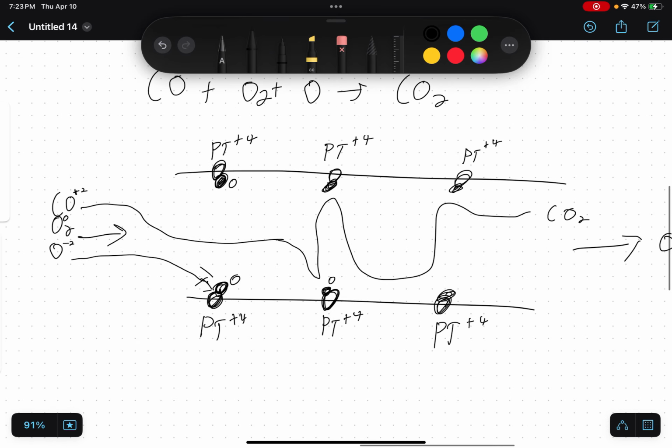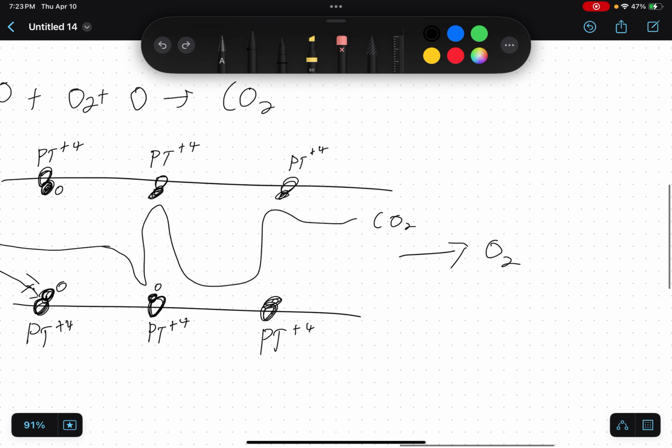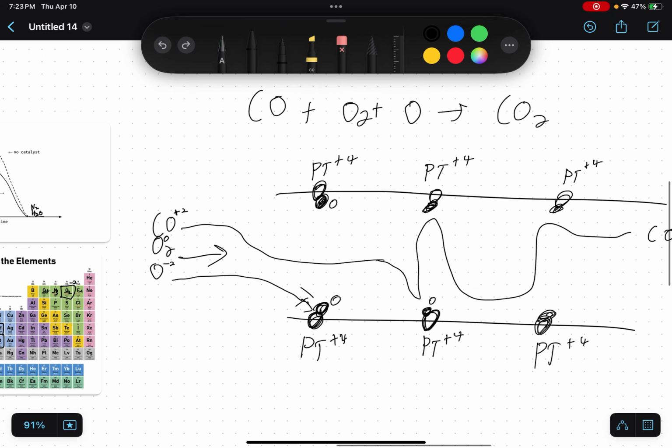I don't think I did the best job of explaining that, but the idea is there's like 1 million of these PtOs, and there's one CO molecule, and if it bounces off enough of them, eventually it'll knock off one of the oxygens, merge with it, and get out of here. So that's great.